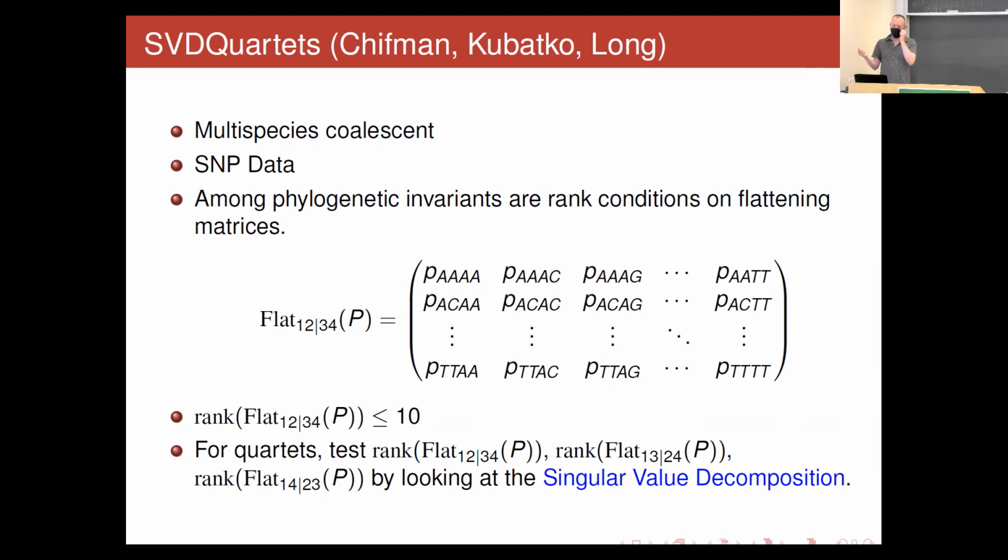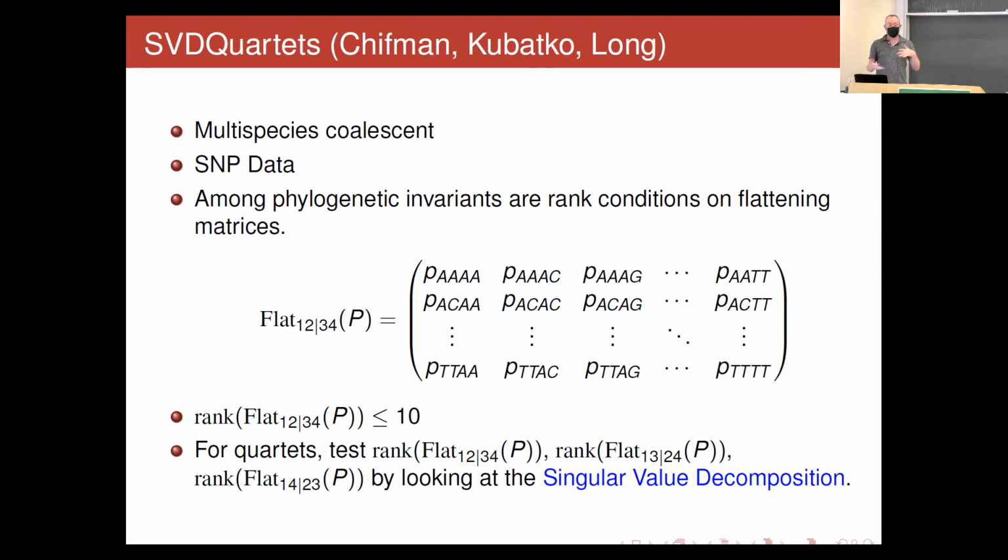That is a really horrible way to test if a matrix is close to being a rank 10 matrix. What you do is you use some tools from numerical linear algebra. In particular, you can compute the singular value decomposition, that's why it's called SVD, to determine how close you are to being a rank 10 matrix, and then you pick the tree that best looks like it's a rank 10 matrix from the singular value decomposition.